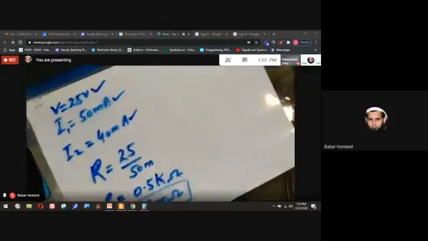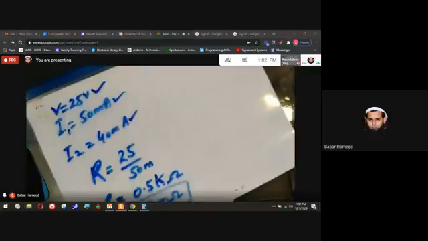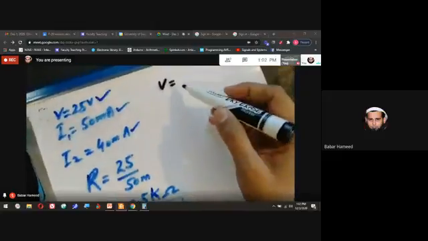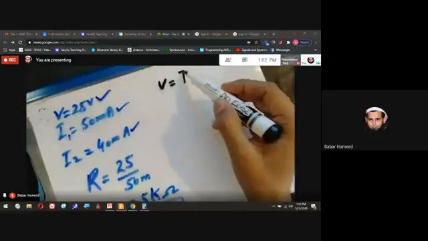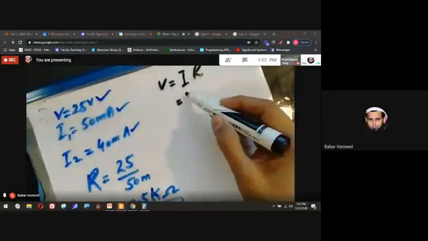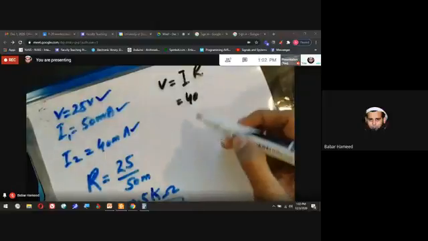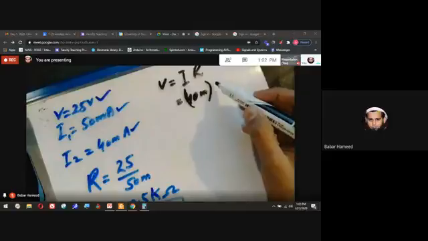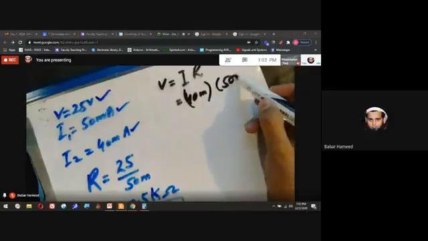And if we have the value of R, and it is assumed that R is fixed, then for the new current, what will be the value of voltage? V is equal to IR. We have the value of current, that is 40 milliampere, into 500.